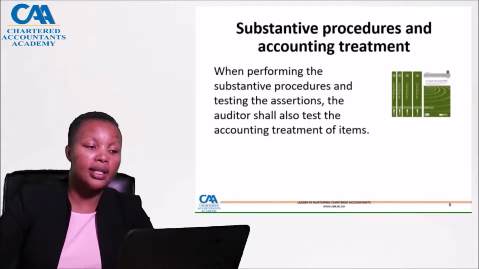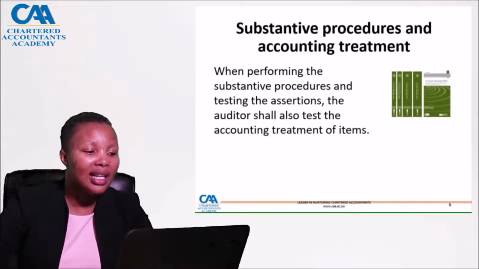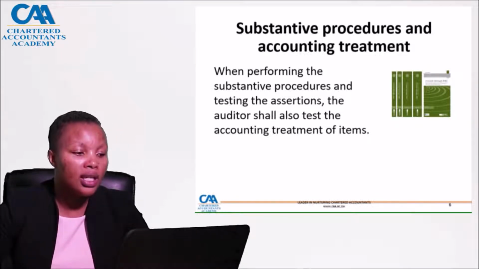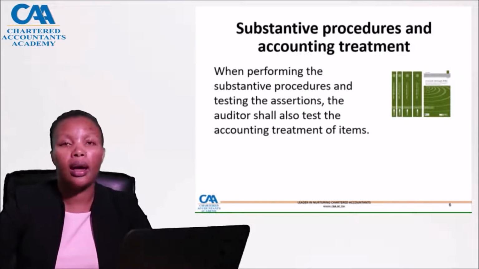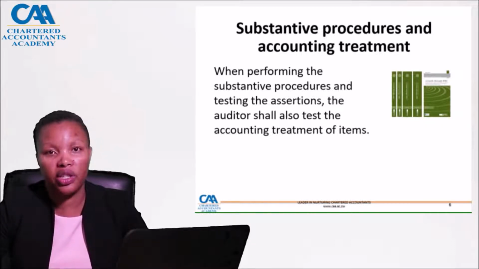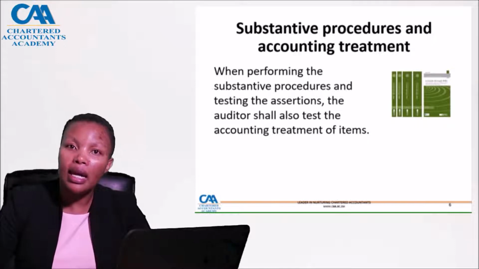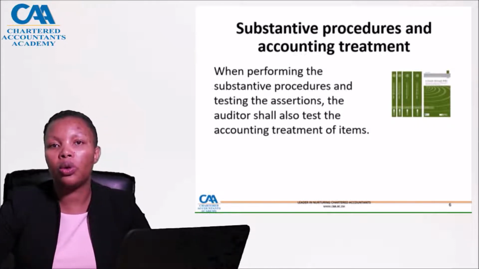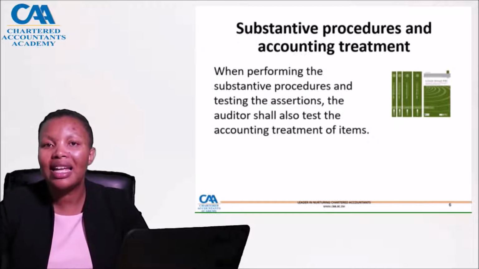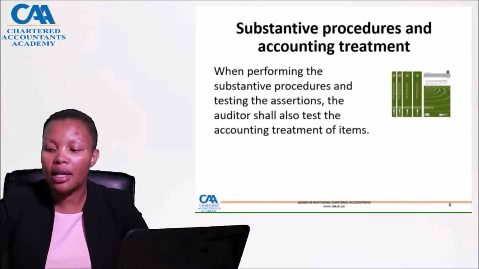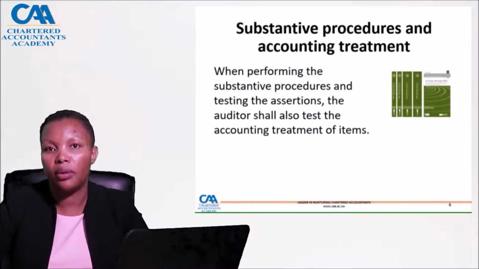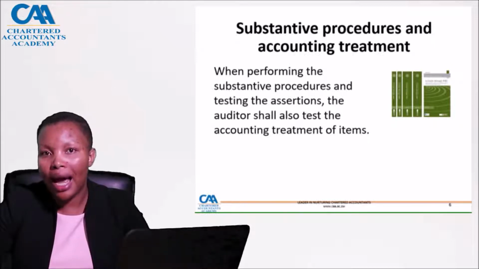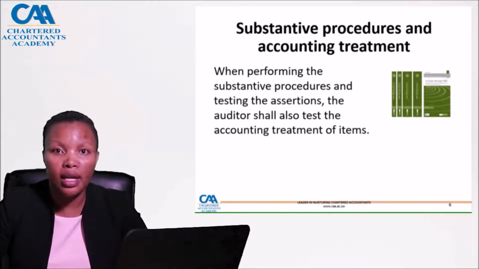So when you're formulating your substantive procedures, you're testing assertions, and the auditor shall test those based on the accounting treatment of the item. If it's inventory, then you're carrying out your substantive procedures, testing the assertions on inventory, which is your IAS 2 if you're going to be using IFRS.